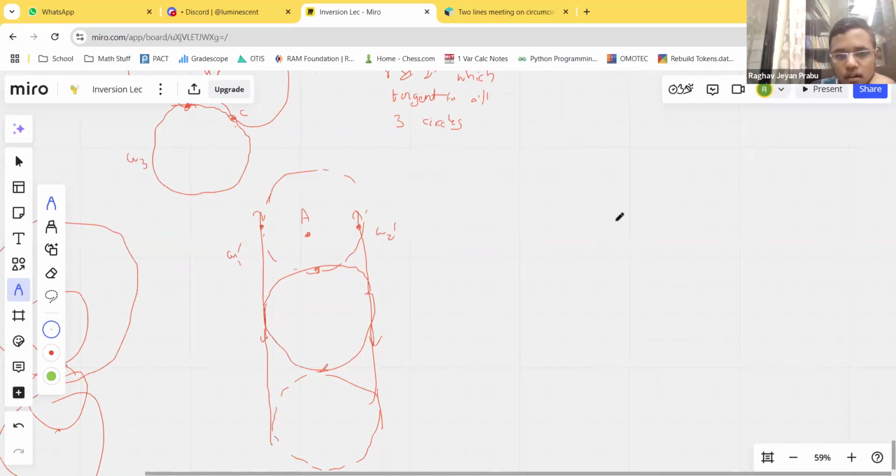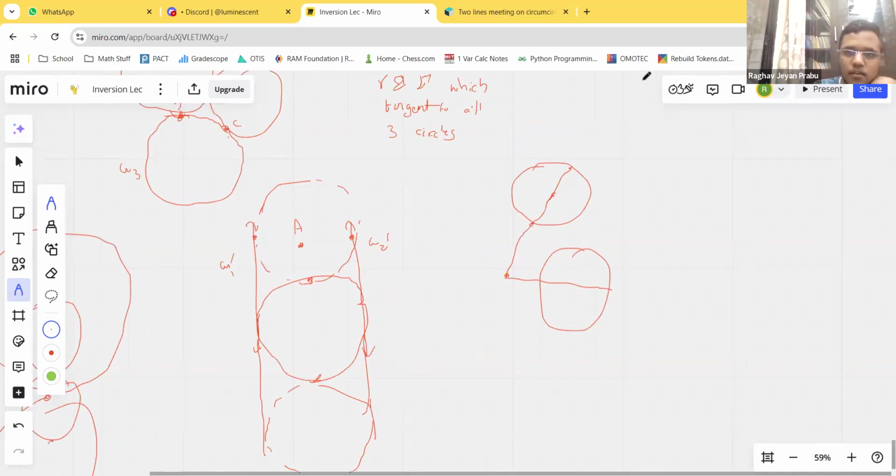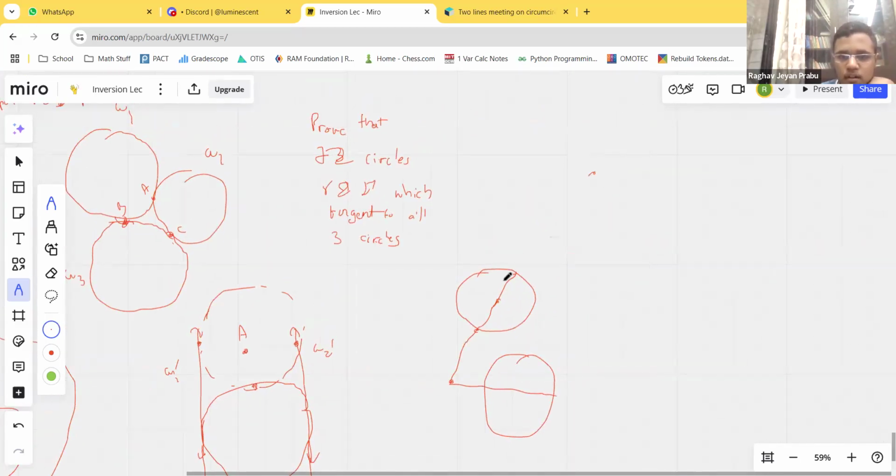So, okay. If I have two circles, and this one is slightly farther and smaller, if I look at the diameters, then this point will go somewhere here and this will be somewhere slightly closer.